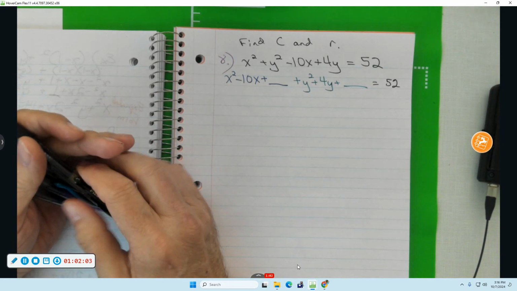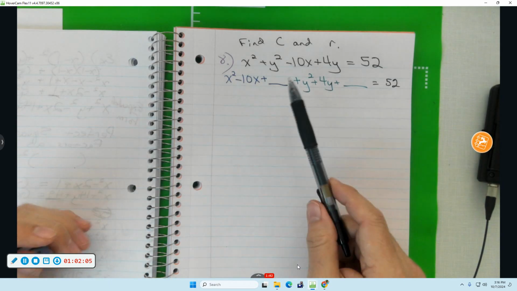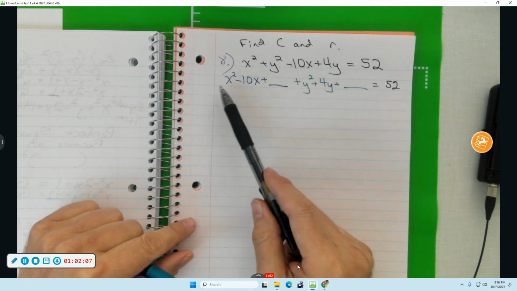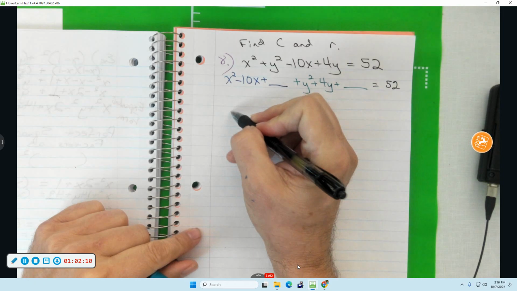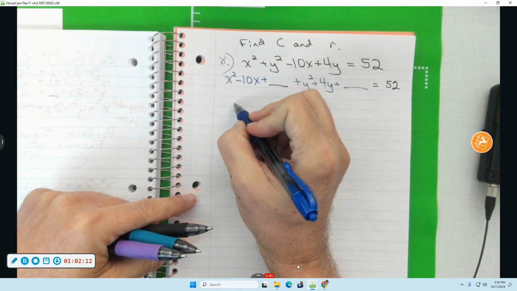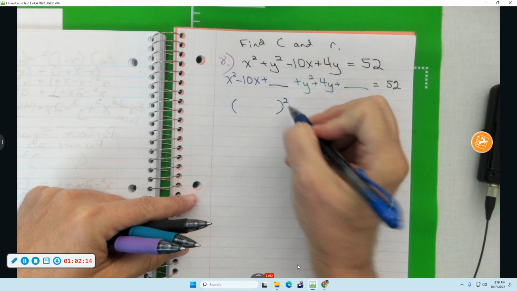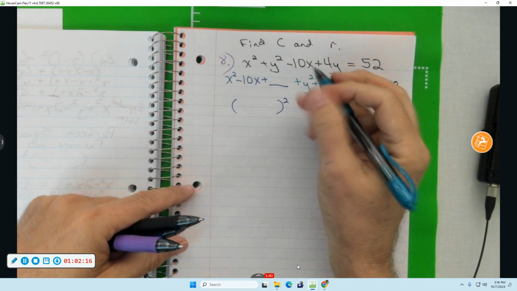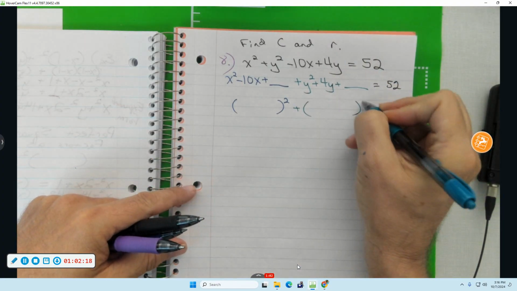We're now ready to create those perfect square trinomials. What do we put here? We want the x terms. Our goal is to get something that factors as quantity squared plus quantity squared.